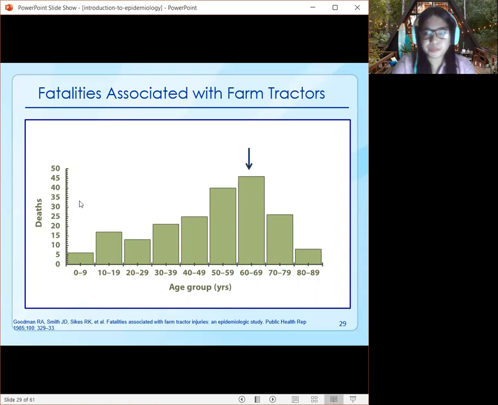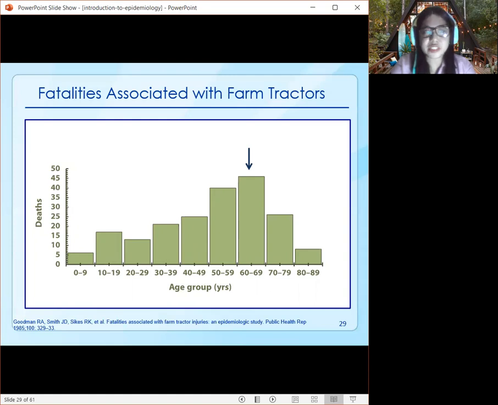We can just see the number of deaths, and that is 60 to 69 years old, but it only shows the frequency and not the rate. Of course, frequency is different from the rate.